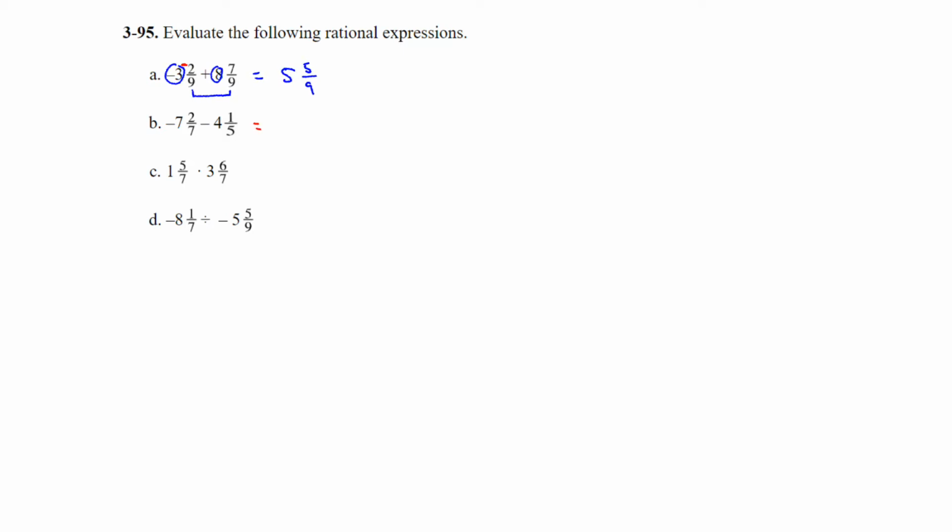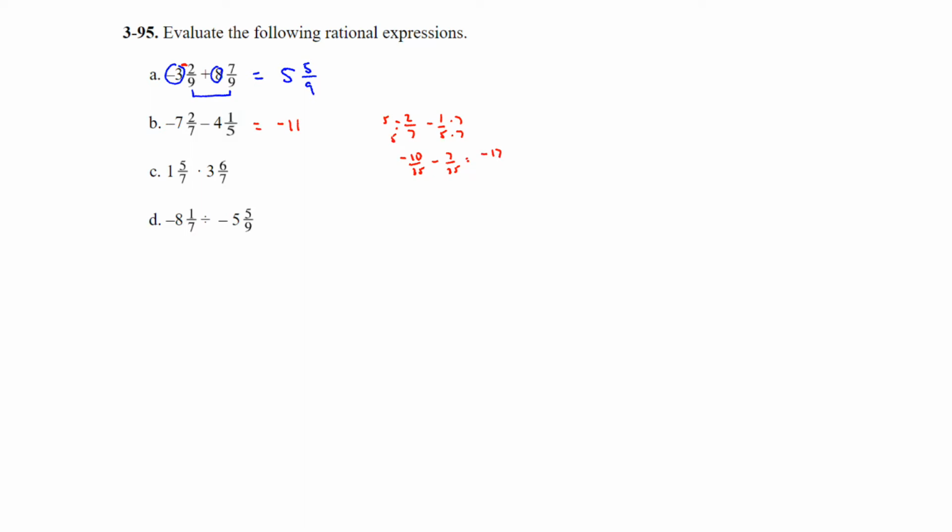On the next one, 7 and 4, that would be negative 11. The 2/7 and the 1/5, we're going to have to find a common denominator. So 2/7, and that is a negative, minus 1/5. We can multiply top and bottom by 7 for the second one, and 5 for the first one. So that's negative 10/35 minus 7/35.